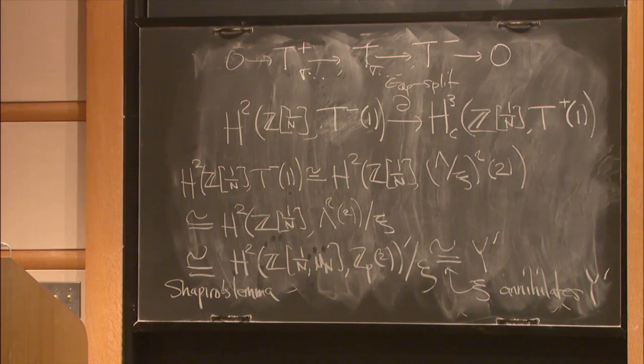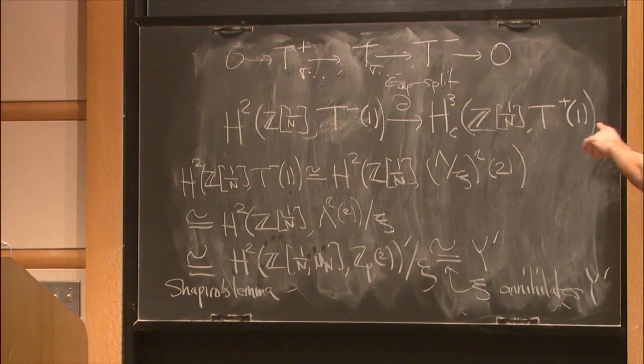And so now by construction of these cones, I actually have this thing sitting in an exact sequence of complexes where the compactly supported cohomology of T plus is here, T plus 1.